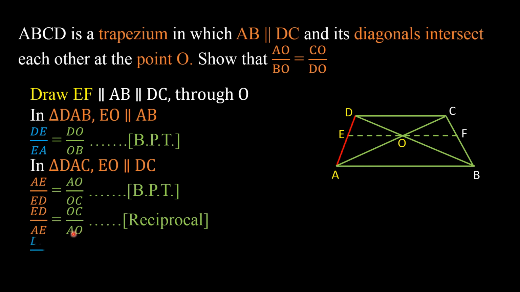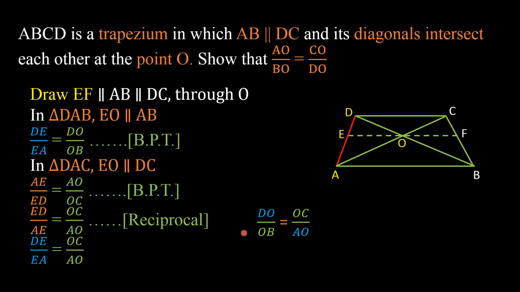After that we will rewrite these two equal ratios, writing ED as DE and AE as EA. Now here we find that in these two statements the left hand side is the same. Therefore we can equate the right hand side. So we will write DO divided by OB equals OC divided by AO.